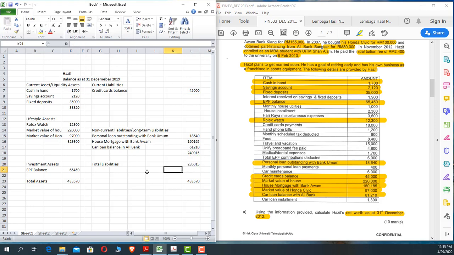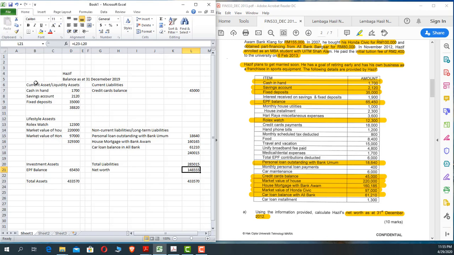Okay, for the net worth sama dengan total asset minus the total liabilities. So this is your value for net worth.